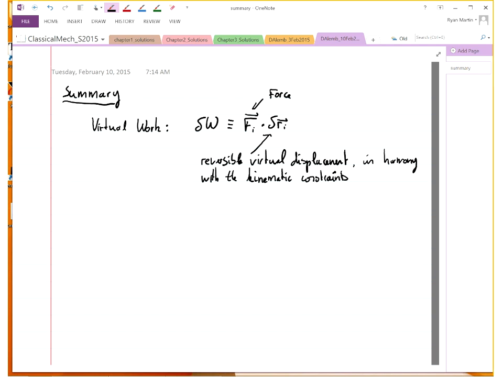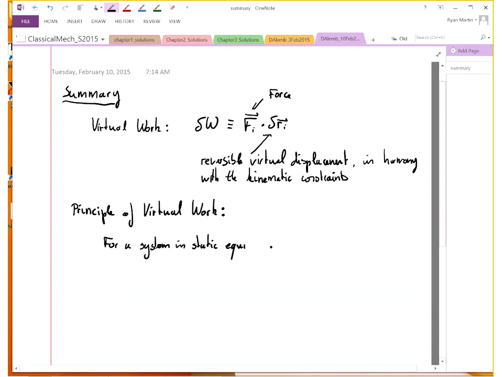So the point of this virtual work was to introduce the principle of virtual work, and the principle of virtual work says that for a system in static equilibrium, by static equilibrium, we mean the same thing that we do in first-year mechanics, when the sum of the forces and the sum of torques are equal to 0.